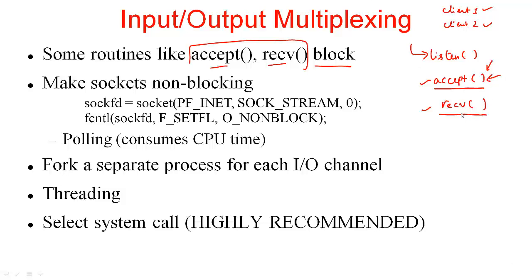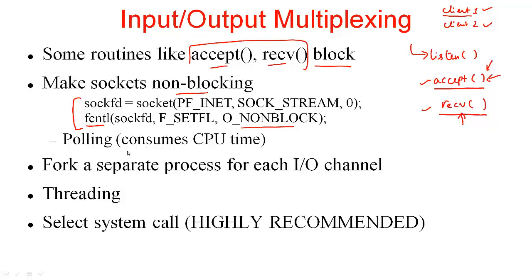Similarly, if you are blocked on receive, waiting for data from say client 1, if new connections come, then you can't accept those new connections. So this is a difficult problem to handle. One way to handle it is to make sockets non-blocking. This you can do using this function called fcntl. If you set it equal to non-block, the socket is no more blocking.